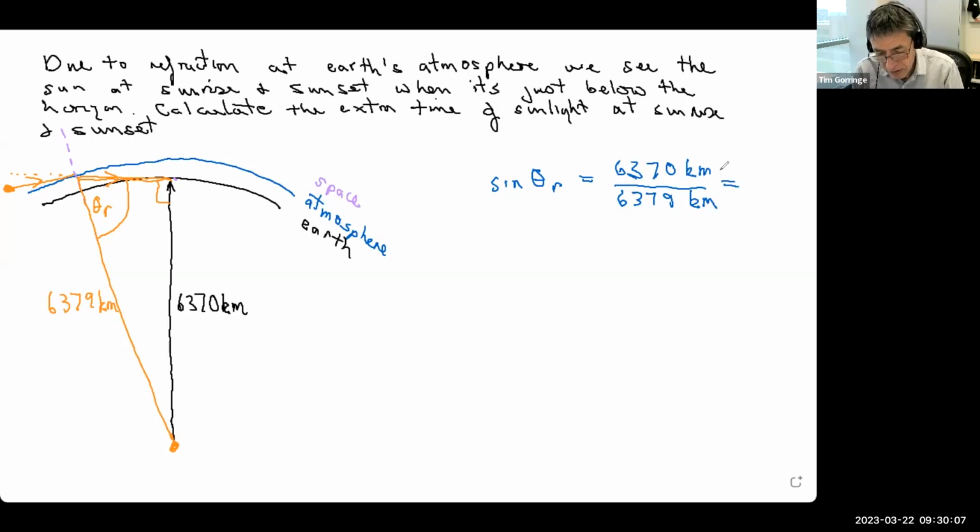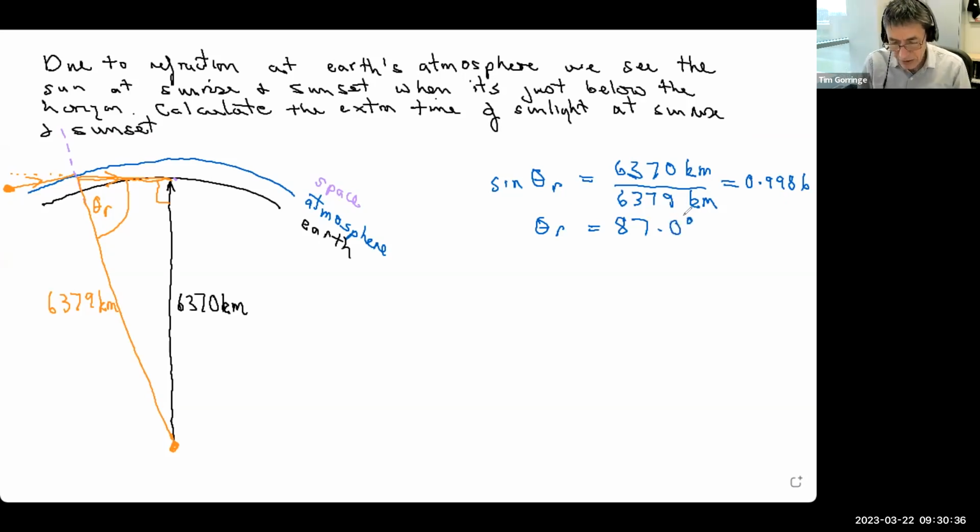And so if I divide 6,370 by 6,379, I get a number that's very close to 1, but not exactly 1, just a little bit smaller than 1. It comes out to be 0.9986. I wrote it down. And if I take the inverse or arc sine of 0.9986 in degrees, I get an angle that is 87.0 degrees.